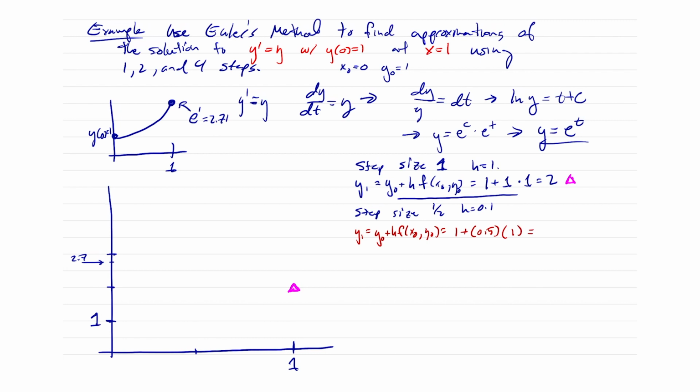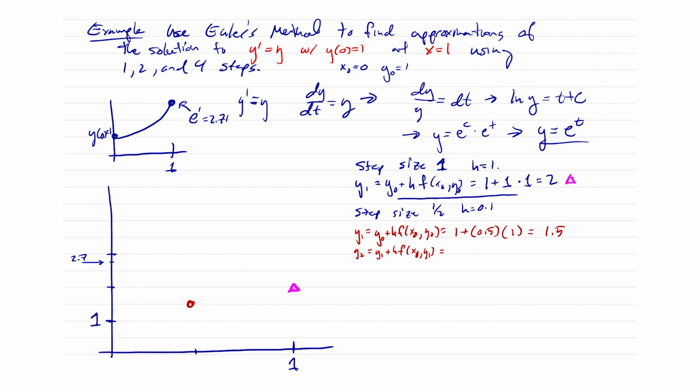And so it's going to give me 1.5. So here, I'm going to put a little red circle. That's where we end up. This is 1.5.